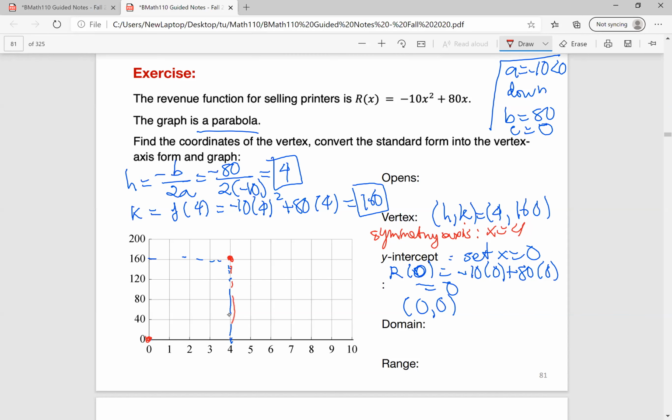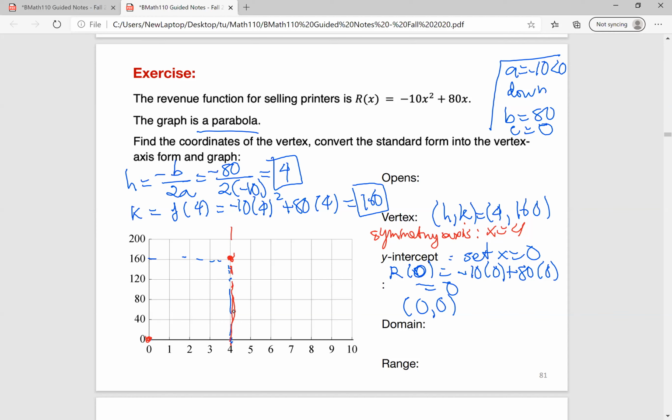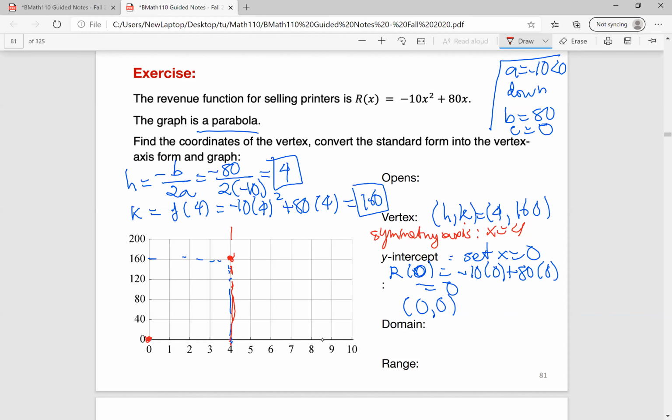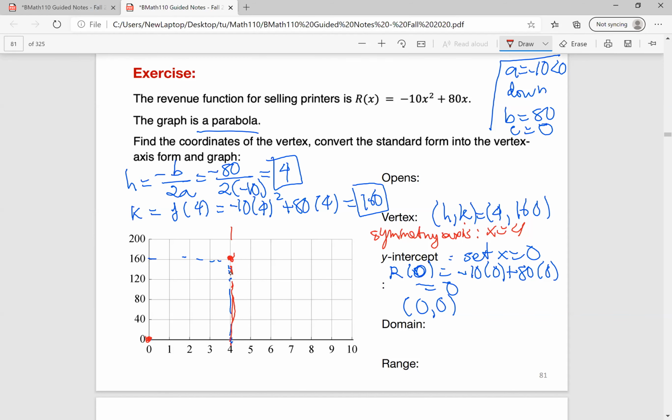So this one. So then you will have another value which reflects from the origin here to the symmetry axis, and the other point will be equal to 8 here. All right.